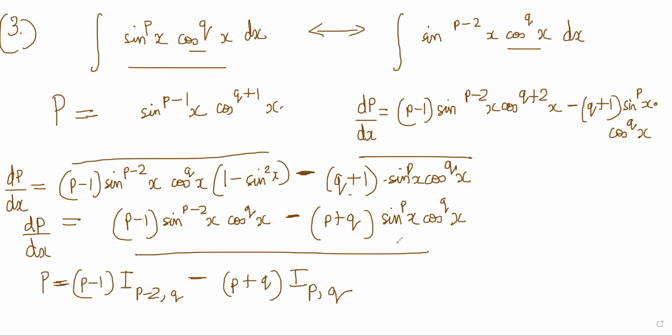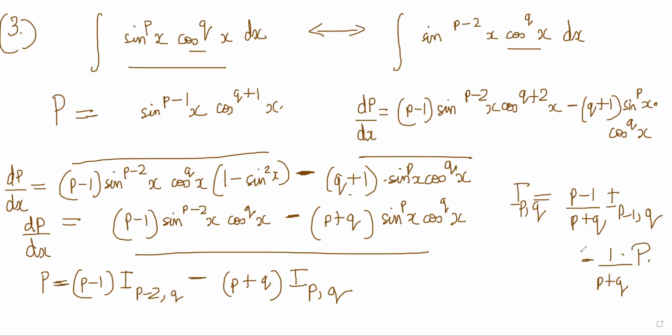So therefore, I pq is equal to (p minus 1) by (p plus q) I (p minus 2, q), minus 1 by (p plus q) into capital P.